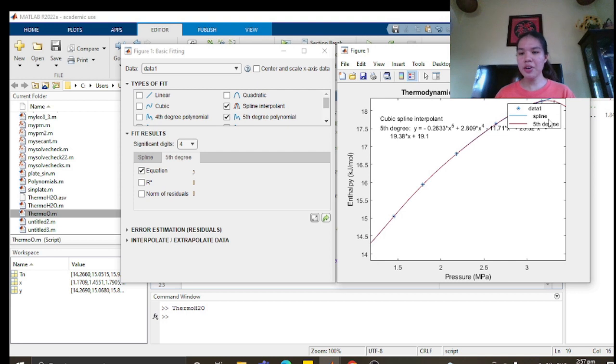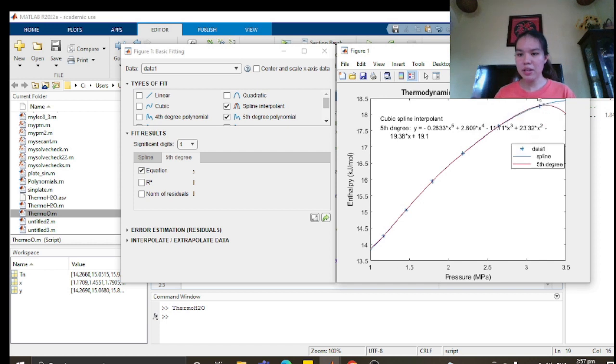As you can see in the line above, the red one serves as the fifth degree polynomial line, which is not that smooth, unlike the spline interpolant. So I think the best fit for these data points is the spline interpolant.